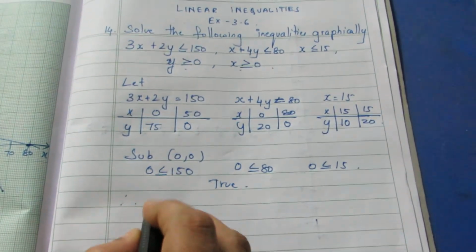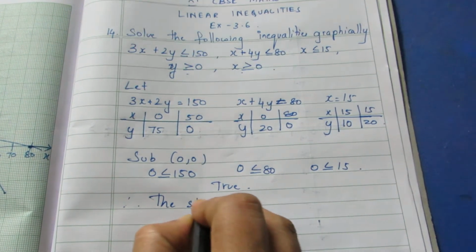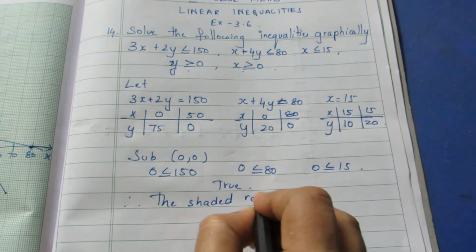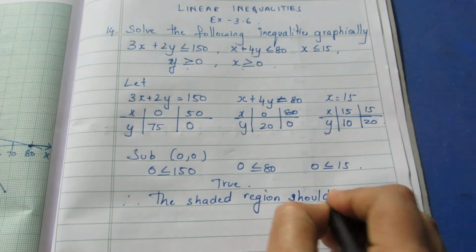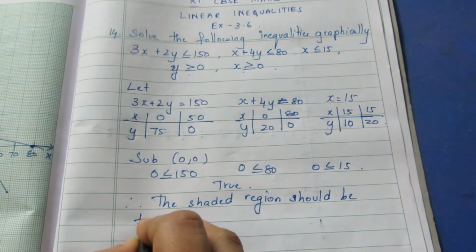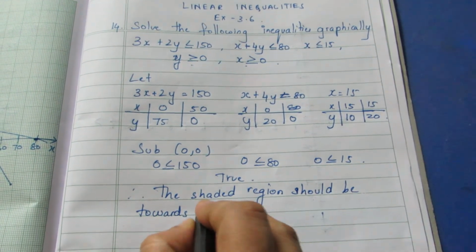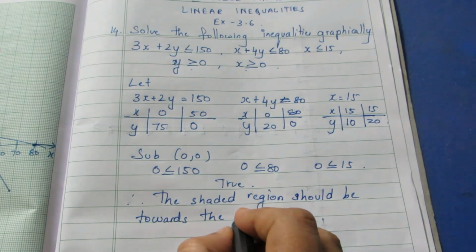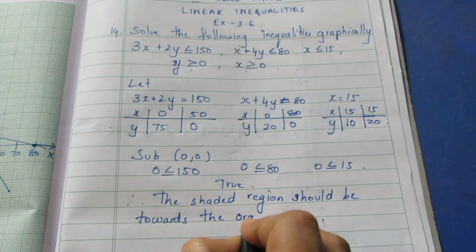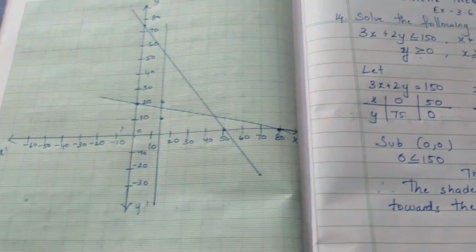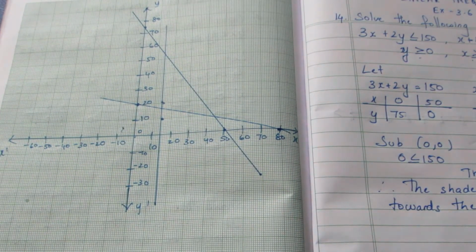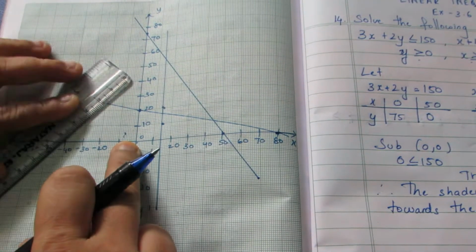Therefore, the shaded region should be towards the origin, because it is true. Now let us shade on the graph. Here 0, 0 is here.